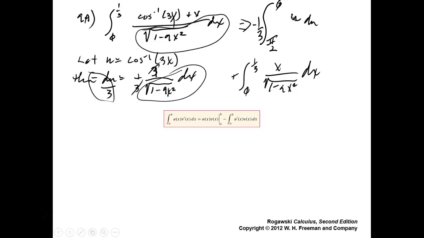Now this one you do like you were starting to do before. Let 1 minus 9x squared be your u.